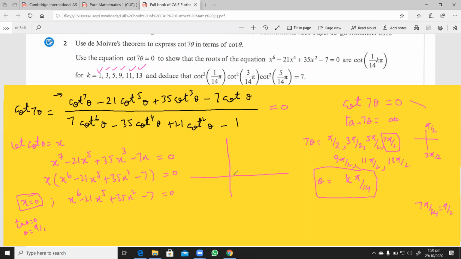If this is my pi by 14 here, and I'll be taking pi by 14 over here as well, you see that this will be pi minus pi by 14.